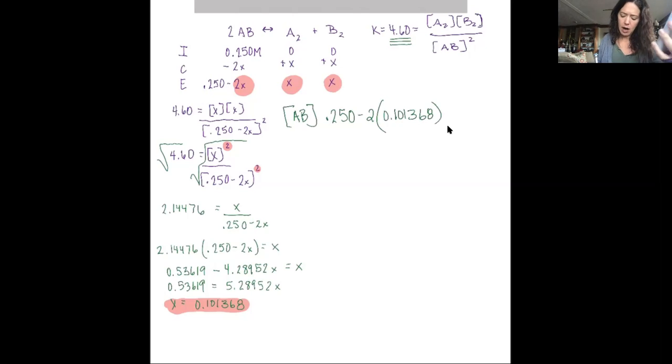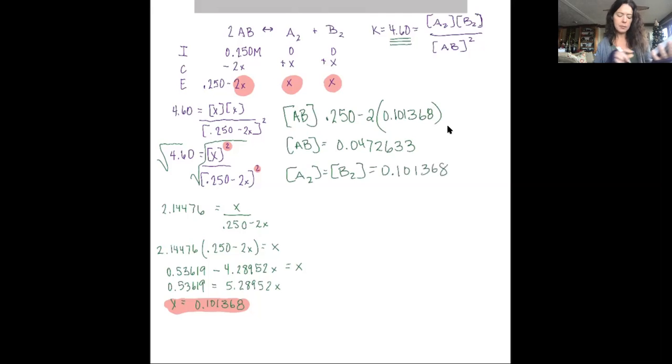If I did that right, I think I did, I've got the concentration of AB is equal to 0.0472633. The concentration of A will be equal to the concentration of B, and that will be x, which is 0.101368.